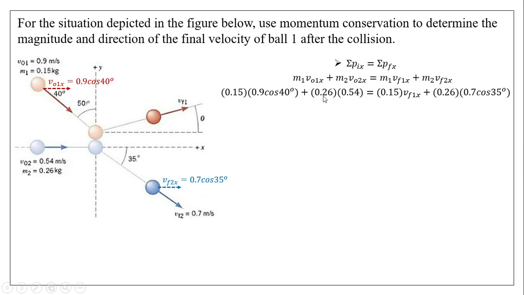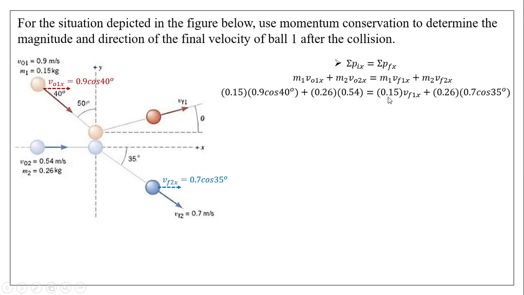M2 here is 0.26, which is given. And then V0 2x is given to us as 0.54. Even though the diagram just calls it V0 2, it's the same as V0 2x because it's already pointing in the x direction. So that 0.54 is given.